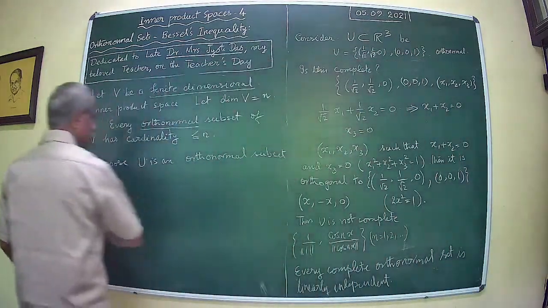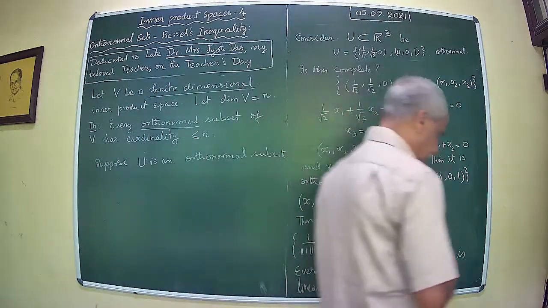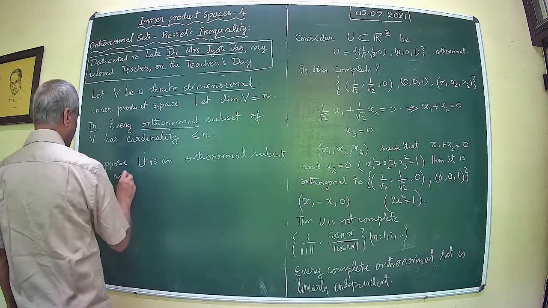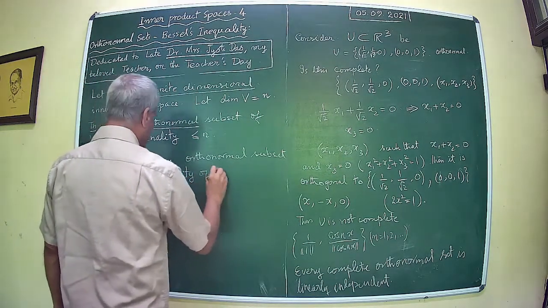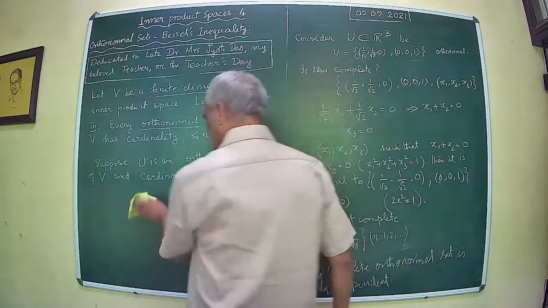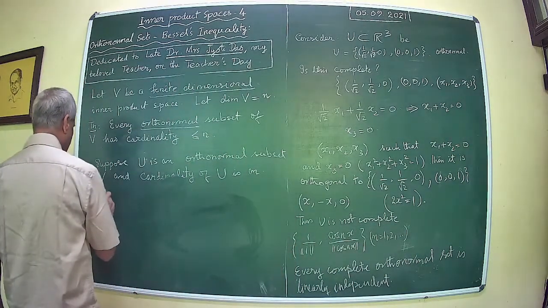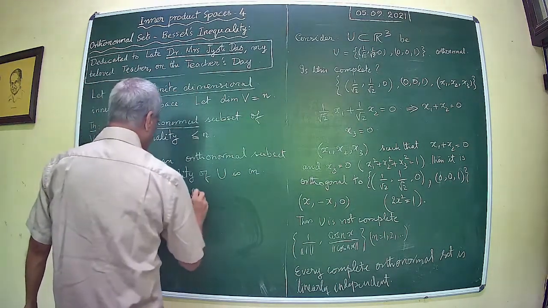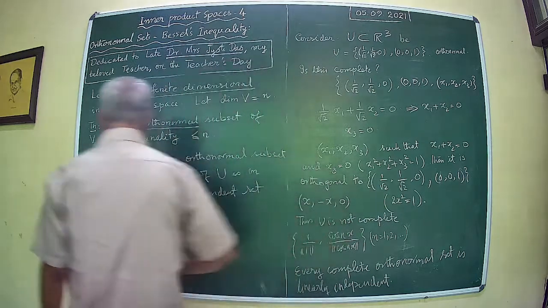If U is an orthonormal subset of V with cardinality m greater than n, then U is a linearly dependent set having m elements.